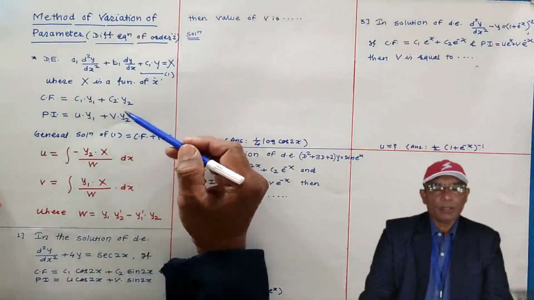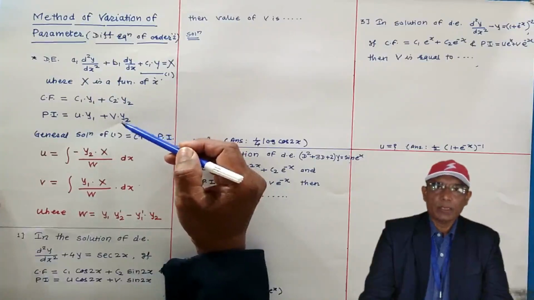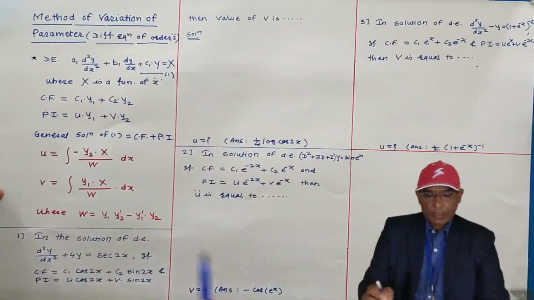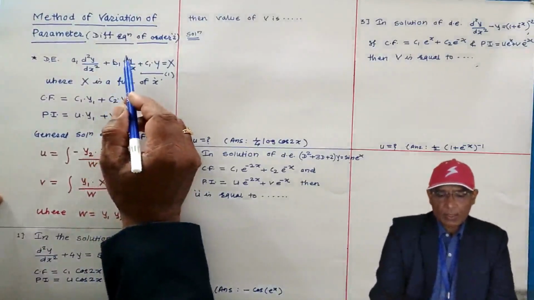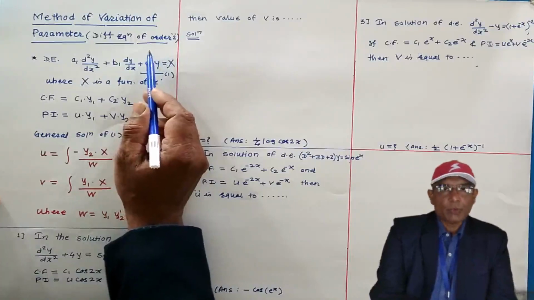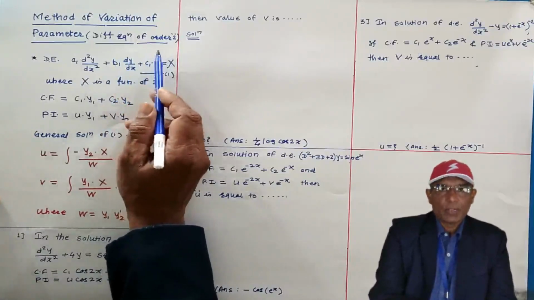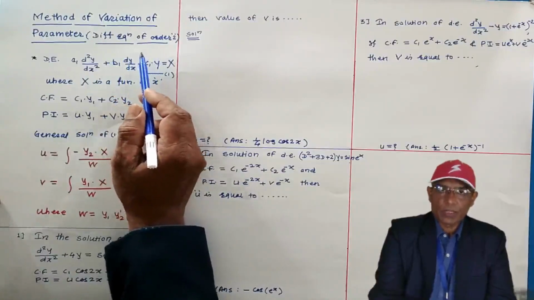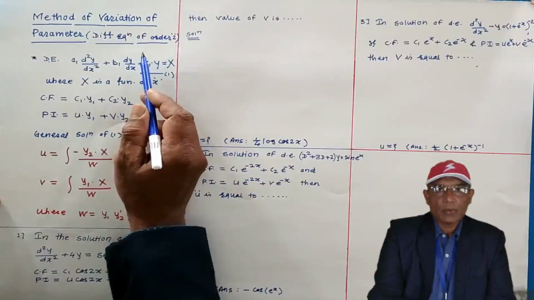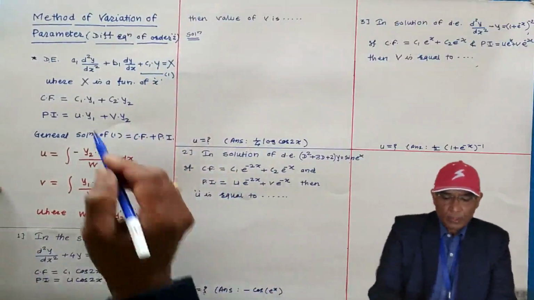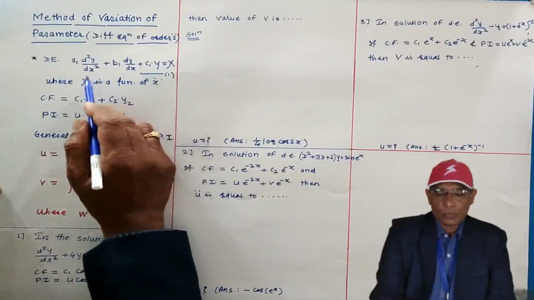You are aware that the complementary function plus the particular integral is the general solution of the differential equation. We are going to study only the second order differential equation, because from the examination point of view it is important. So we are solving second order differential equations using the variation of parameter method.